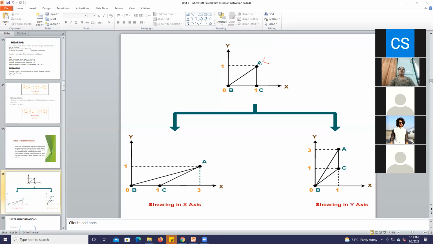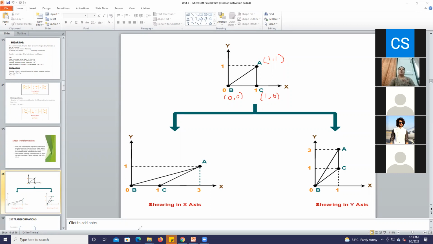Yes. Coordinates of A: X value is 1, Y value is 1. So I can say (1, 1). What about B? B is the origin, that is B is (0, 0). What about C? C is on the X axis. So X value equal to 1, Y value equal to 0. Now, this is the original shape of the object.